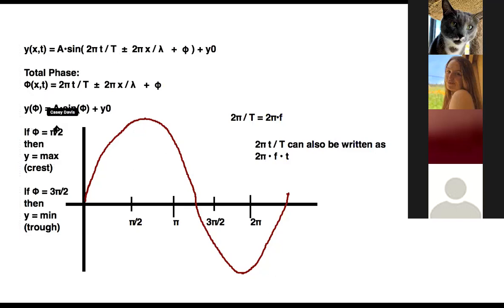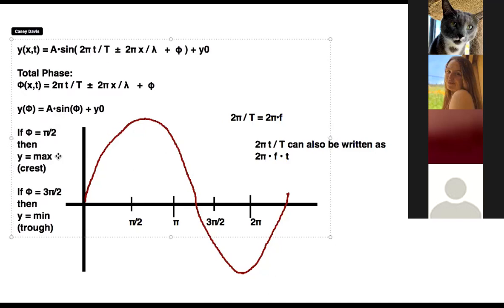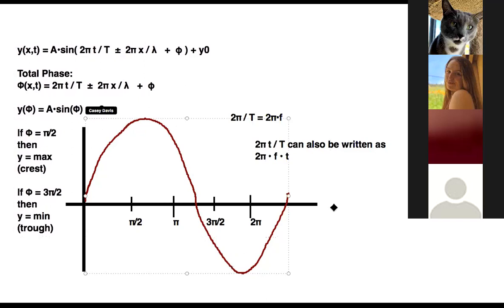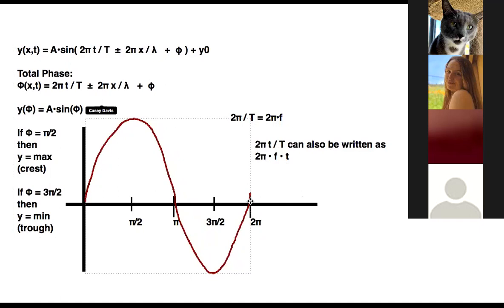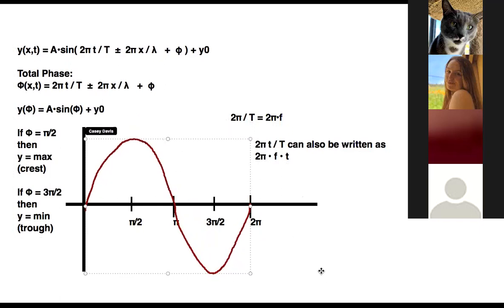And likewise anywhere in between: if the total phase is pi, then you're at equilibrium. If the total phase is 0 or 2 pi, you're also at equilibrium. So the total phase tells you exactly where in the cycle you are, regardless of time and position.